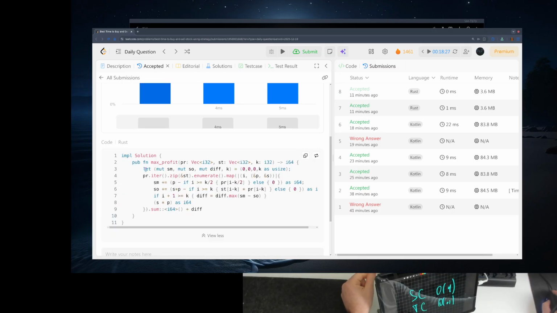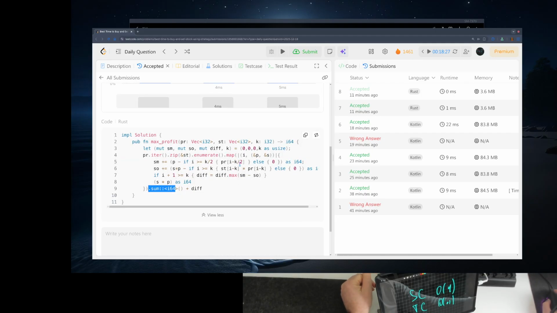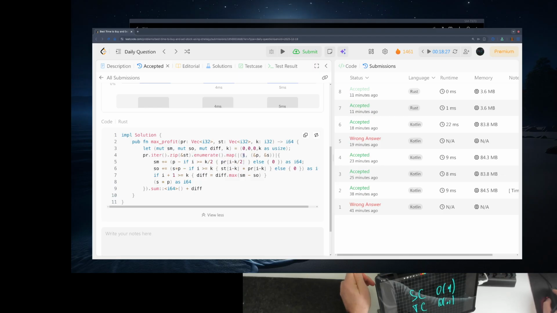It's the same as the minified version with zip operator and map and sum, and it is 0 milliseconds. So I would say Rust is perfectly optimized for this kind of fluent aggregator operations. And the underlying algorithm is the same.